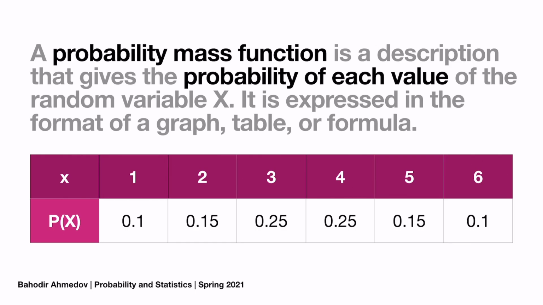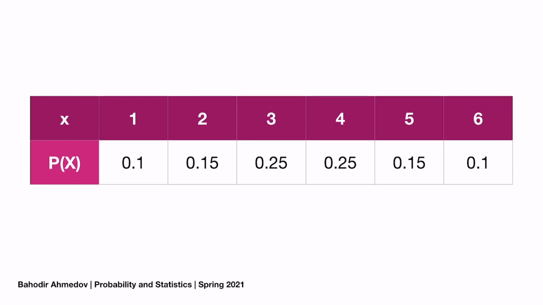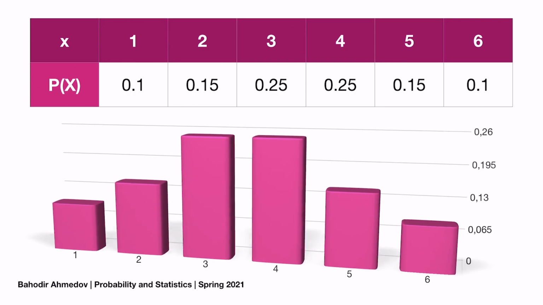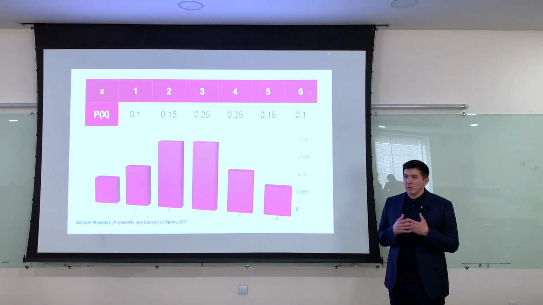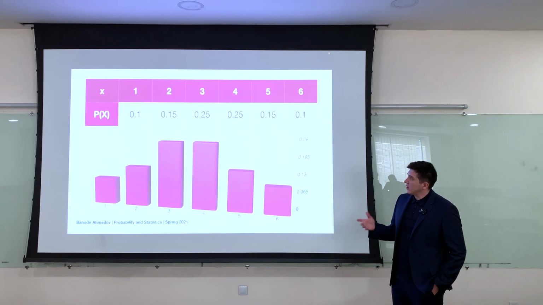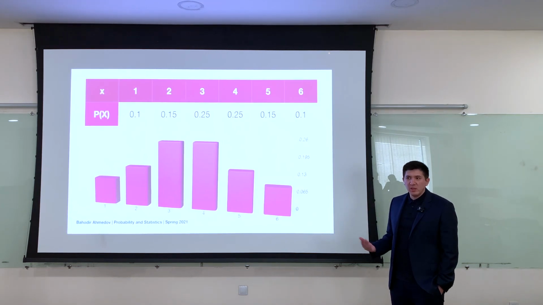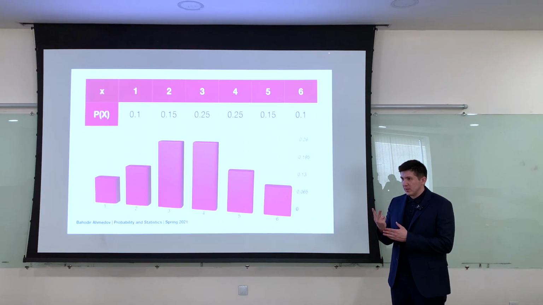So the probability mass function can be written as the table, or sometimes it can be written as the graph as well. Graphically, it is even more descriptive because it describes how this probability, which is 100%, is distributed over the outputs. So we know that every probability mass function should fulfill two properties.